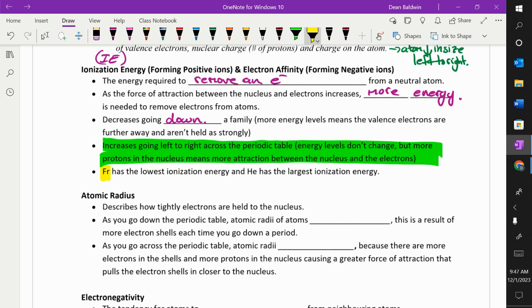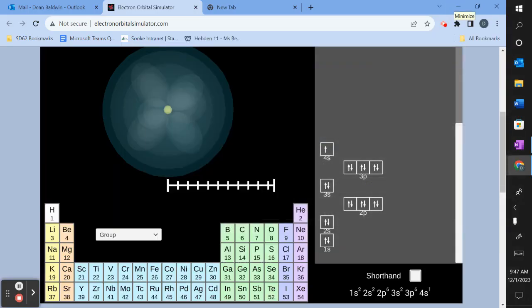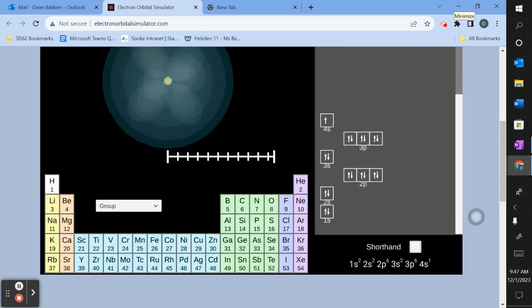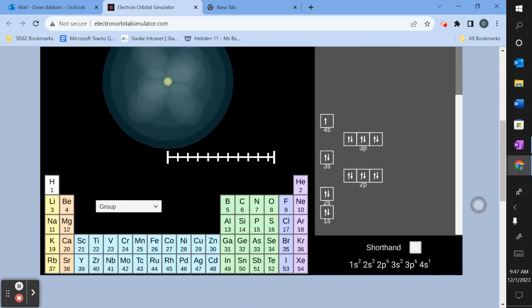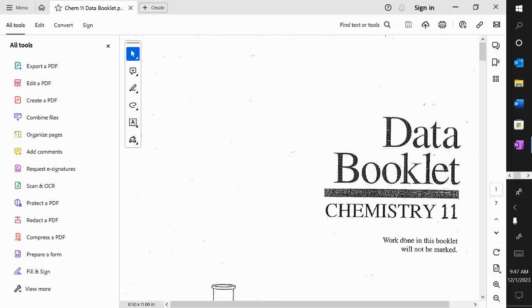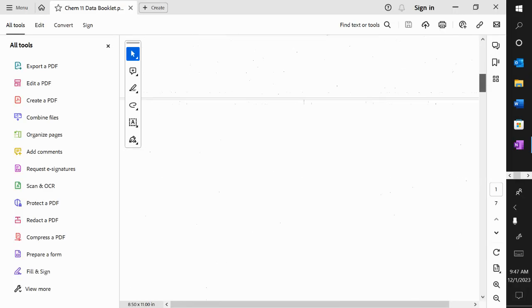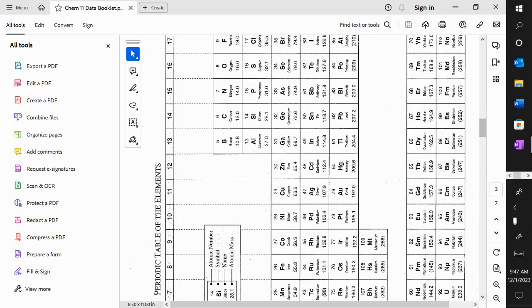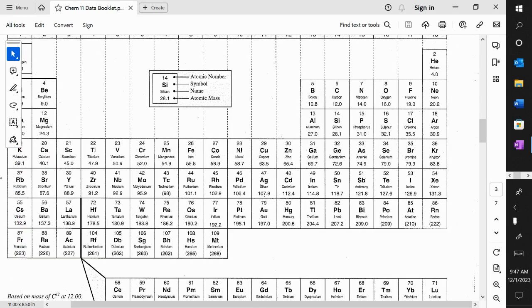And if you look on the periodic table, this is not a complete periodic table, here's francium down here. It's the lowest. Because it increases going this way.